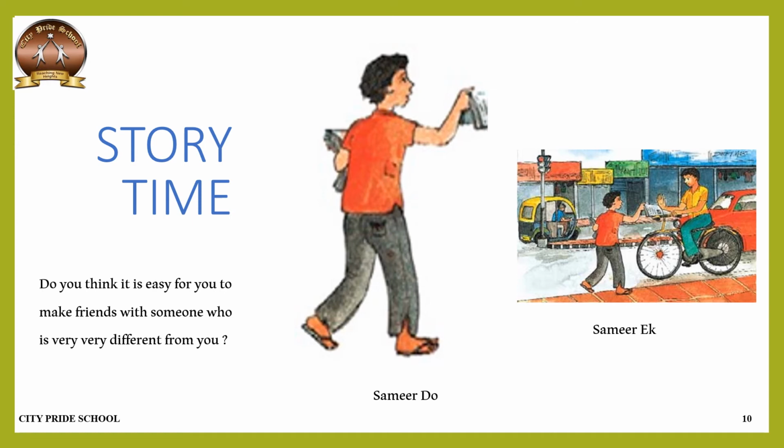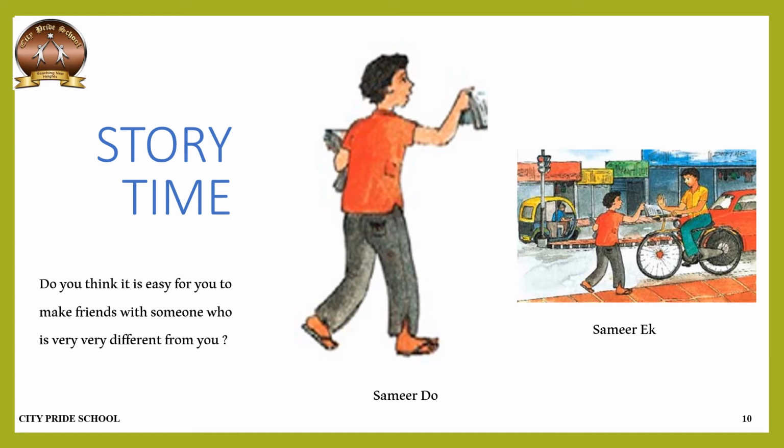But one day what happens is he sees this Samir Do in tears. Samir Ek doesn't understand. Why is my friend crying? He looks troubled and he didn't have that usual smile he had for him. Then he asks, "What happened? Are you in trouble?"